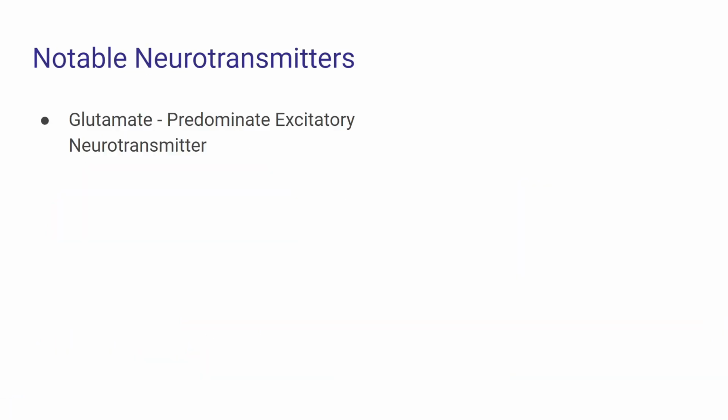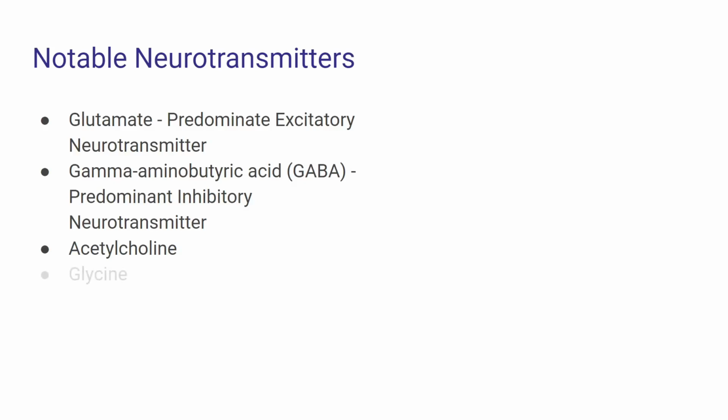I'm just going to highlight some of the common neurotransmitters. So these are the molecules that are released on the presynaptic side of the neuron in the terminal bouton that connect to the postsynaptic side, or the dendritic side for the receiving neuron. So there's glutamate, GABA, acetylcholine, glycine. There's a variety of polypeptides, which are just large chains of protein.